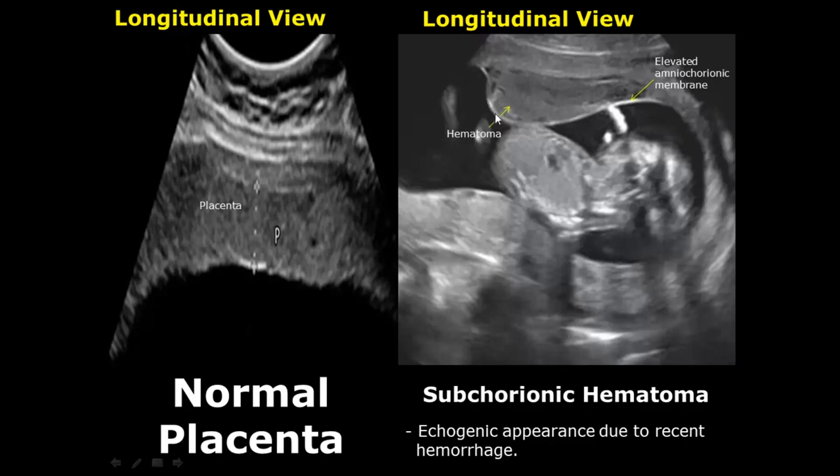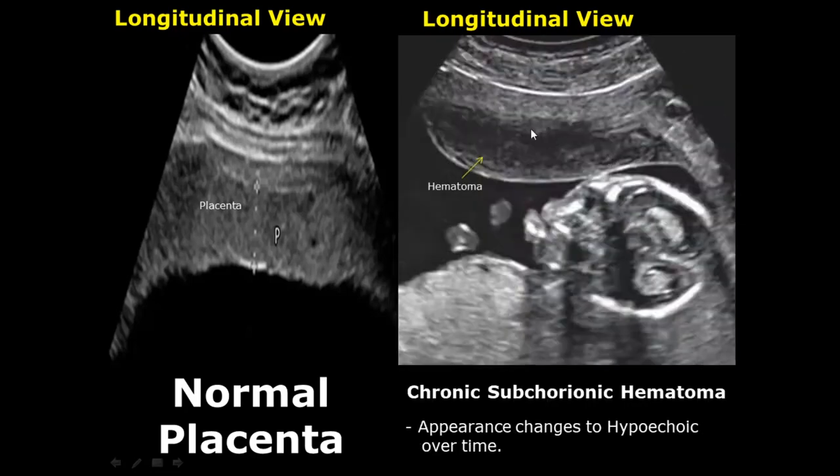This line is of the amniochorionic membrane. And a fresh hematoma will appear echogenic. Over a period of time, around 10 to 11 days, the hematoma will have a hypoechoic appearance. This change in appearance can distinguish it from a placenta. And also another feature is that on color Doppler, the hematoma will not have any internal flow, whereas a placenta will have internal flow.